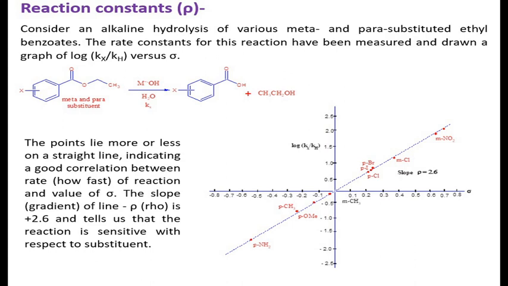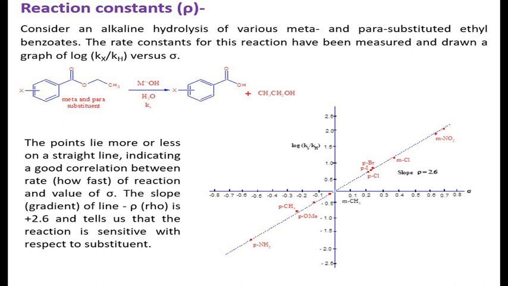Then log of kx upon kh: kx is the rate constant for substituted ethyl benzoates, and kh is the rate constant for ethyl benzoate itself. Therefore log of kx upon kh was calculated first, and then the graph was obtained.